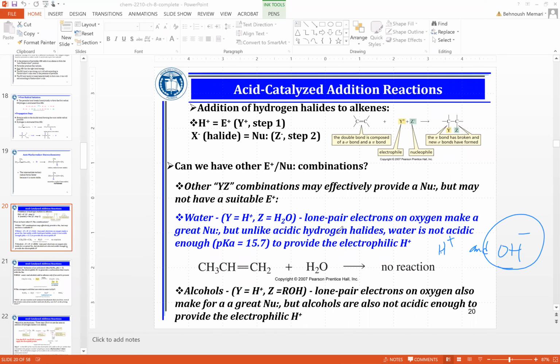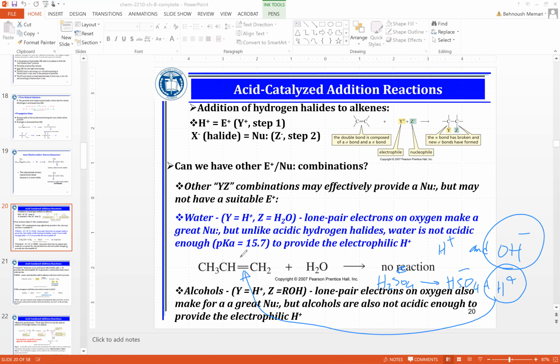So you bring H2SO4 as the catalyst. You add drops of sulfuric acid as the catalyst. It dissociates to HSO4 minus and H plus. The H plus is then going to react with the alkene first.